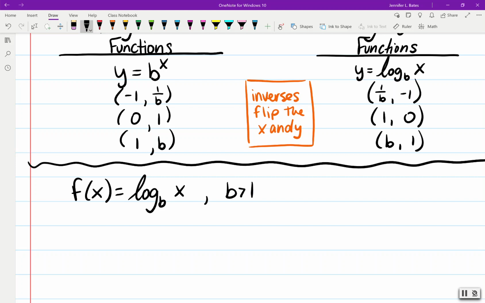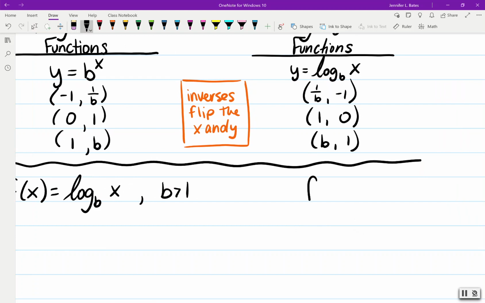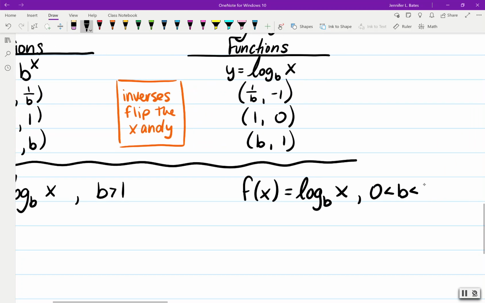And then on the right, we're going to take a look at f of x is equal to log base b of x, where b is in between 0 and 1. So for our purposes, it's a fraction.